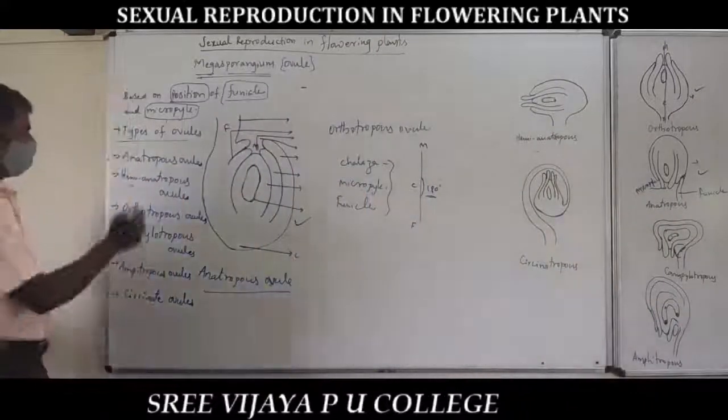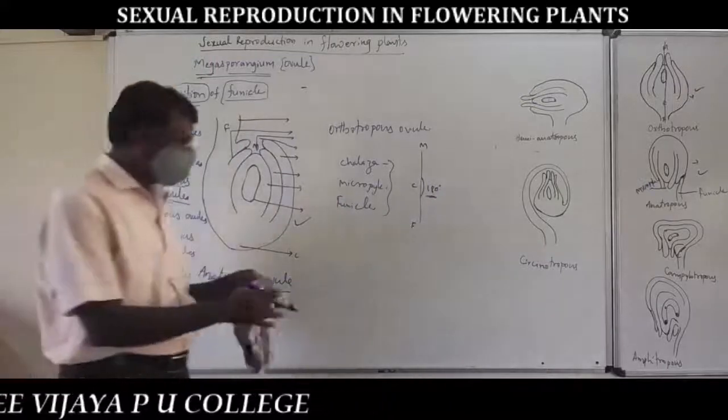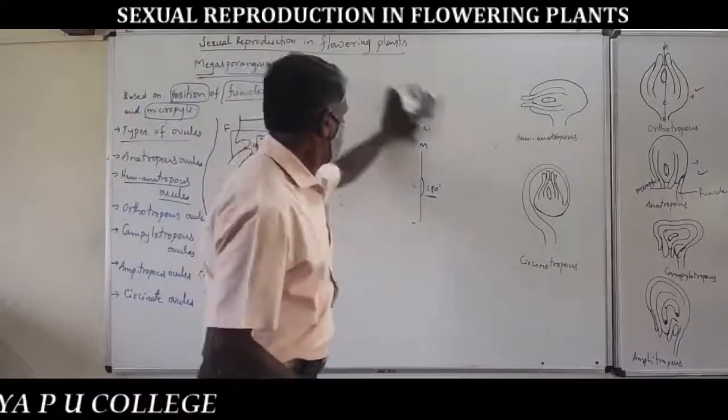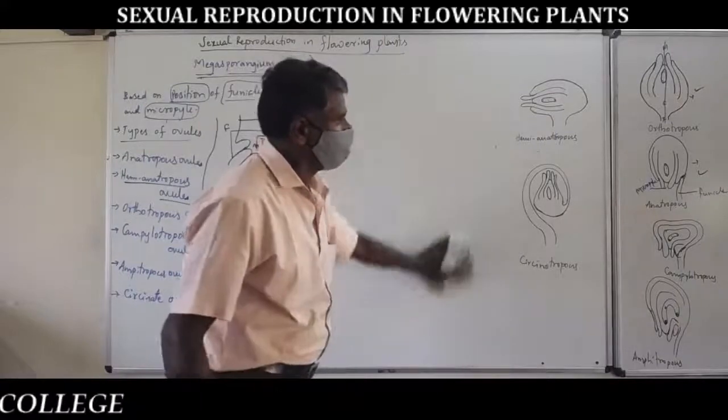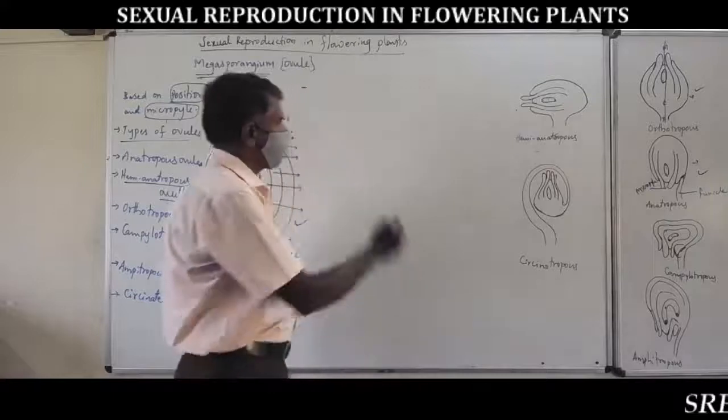Next is the hemi-anatropous ovule. See here the diagram.